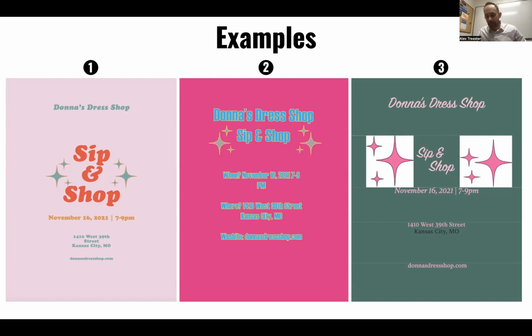Our third example here has a few things that are working well with it in terms of just the color selection is not bad actually, and the font that's used. I could see how that script font might be incorporated, but the primary issue here is we have these white horizontal lines that are going through the poster, and also our starbursts have been enlarged, which is kind of going against the instructions for this assignment.